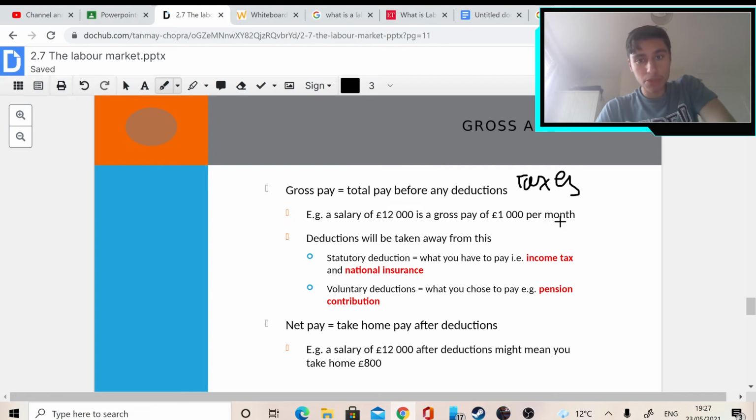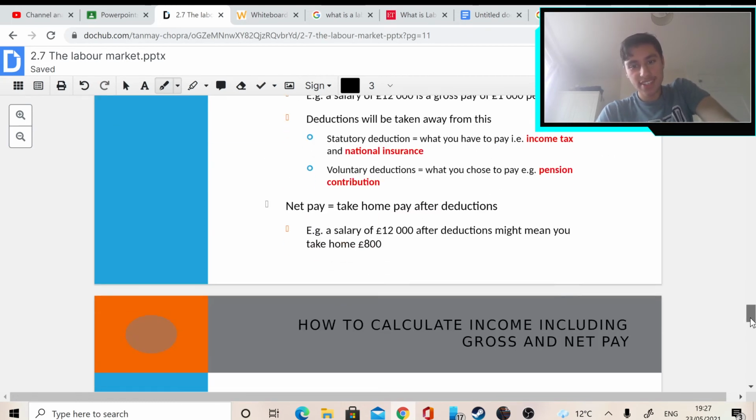So 1,000 times 12 is 12,000, and deductions will be taken such as income tax and national insurance. Voluntary deductions are what you choose to pay, for example, pension contributions. Now net pay is what you take home after deductions. After all the deductions have taken place, you take home the rest. So for example, a salary of 12,000 after deductions might mean you take home 800 pounds per month, of course, not per year. That would be too much.